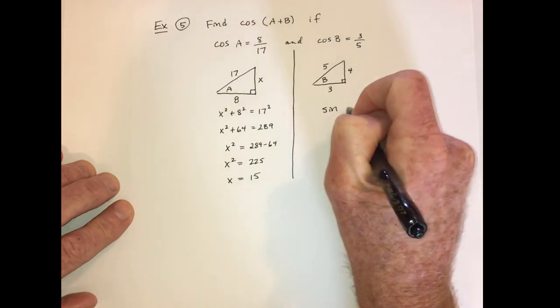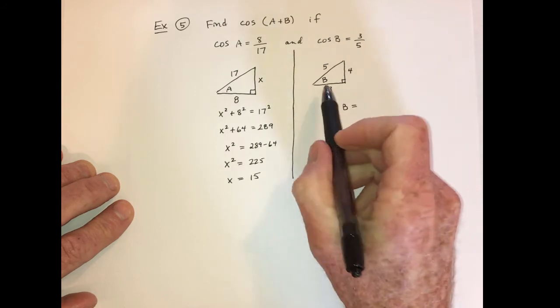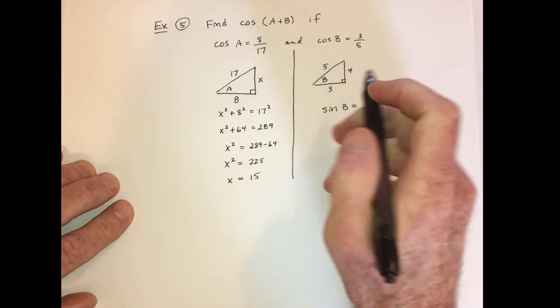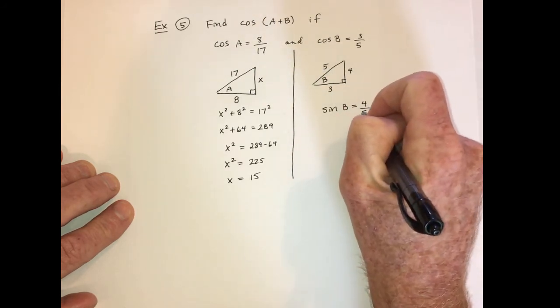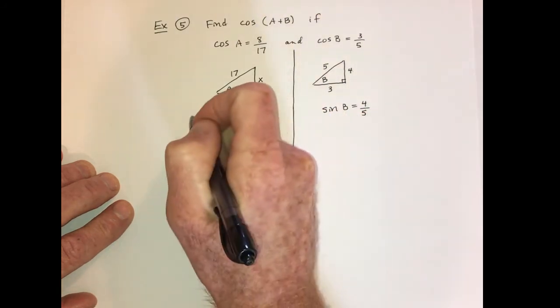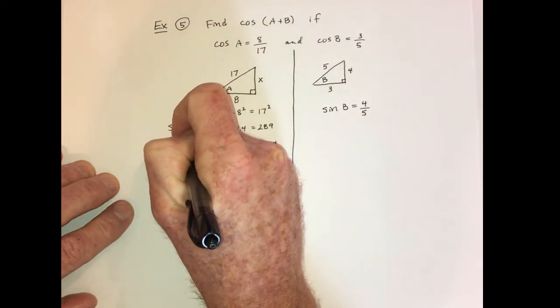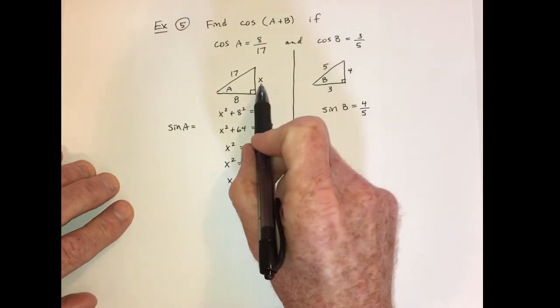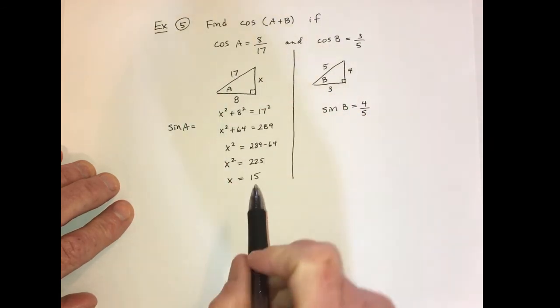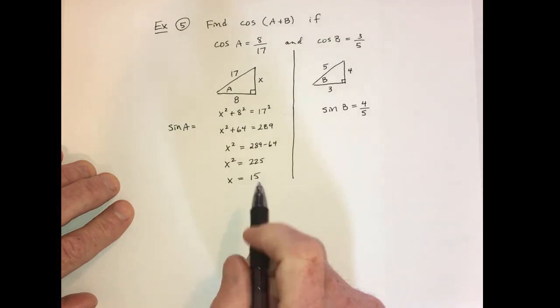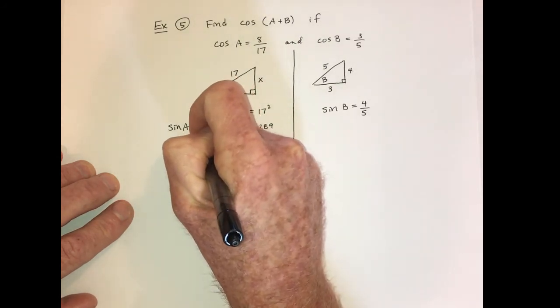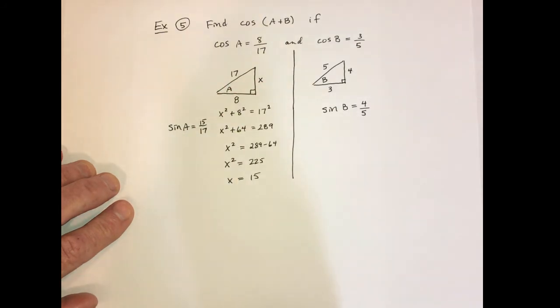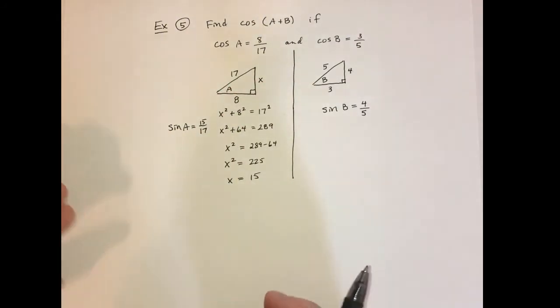So sine of B, sine is opposite over hypotenuse. So that's 4/5. And for this one, sine of A equals opposite over hypotenuse, so that's x over 17, or in other words, it's 15 over 17. So now we have the missing parts.